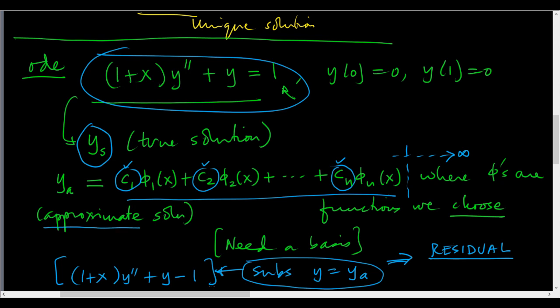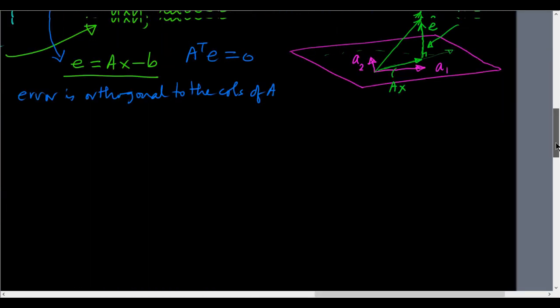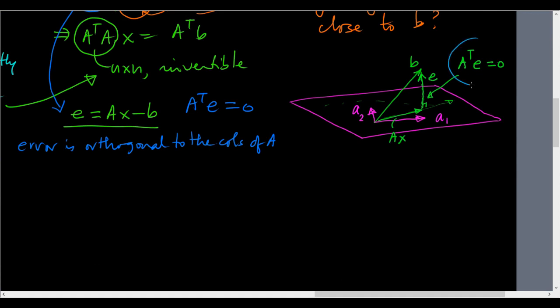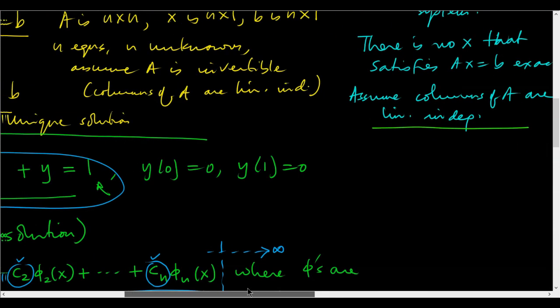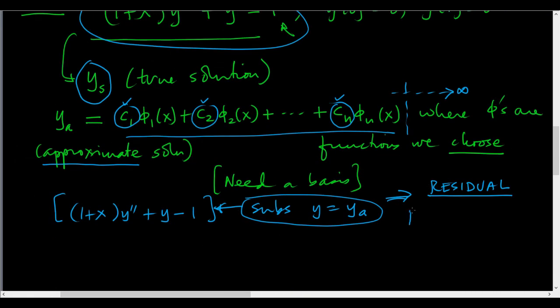In an analogy with making it perpendicular like here, see, this error is now there, that is the residual now. Making the residual perpendicular to each of the columns of A, the appropriate analogy here is we have to say the dot product is understood to be the residual times phi k of x dx integrated from 0 to whatever the domain is.